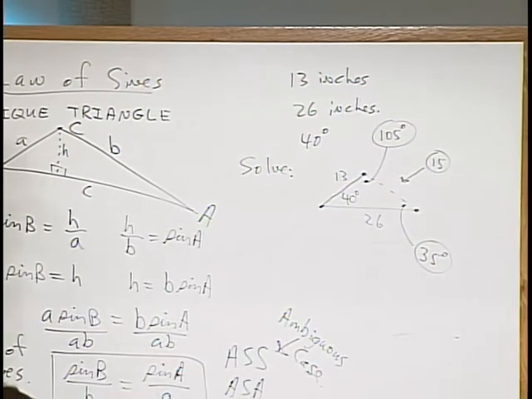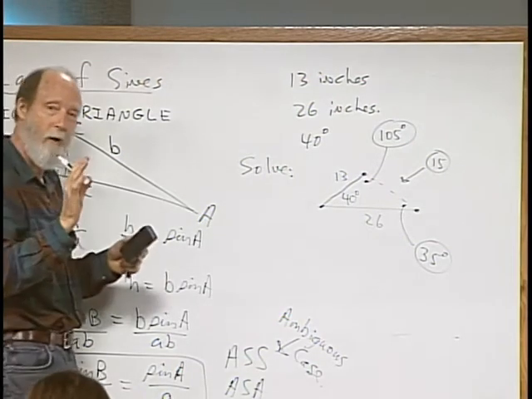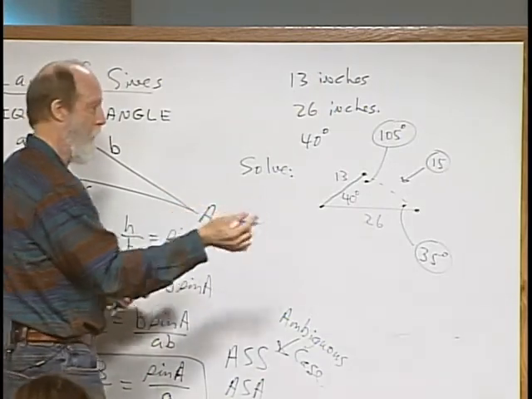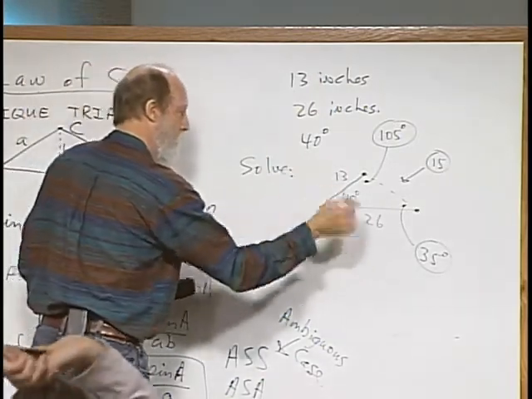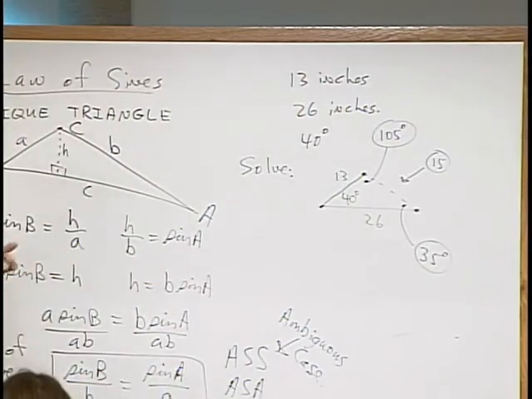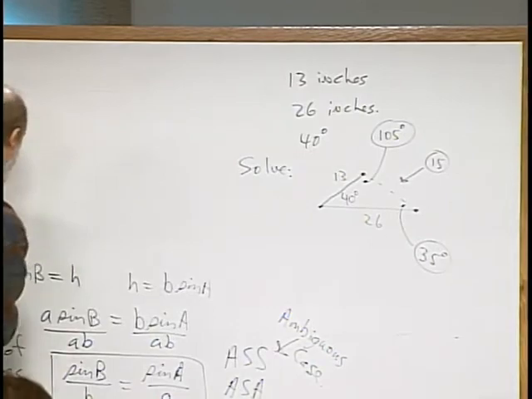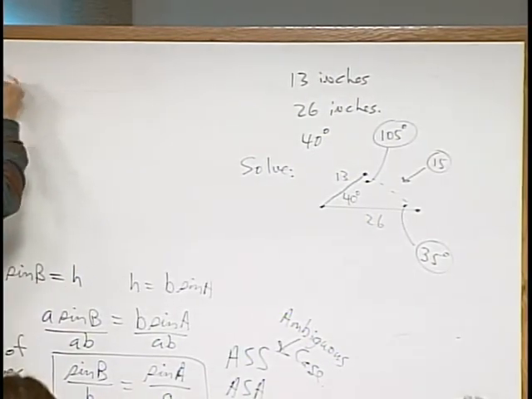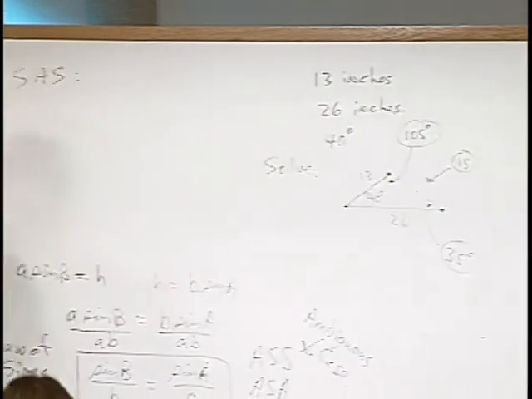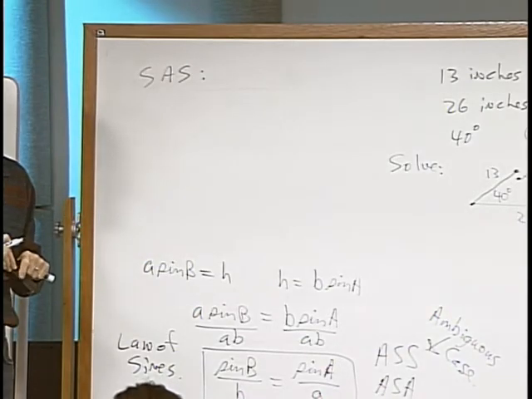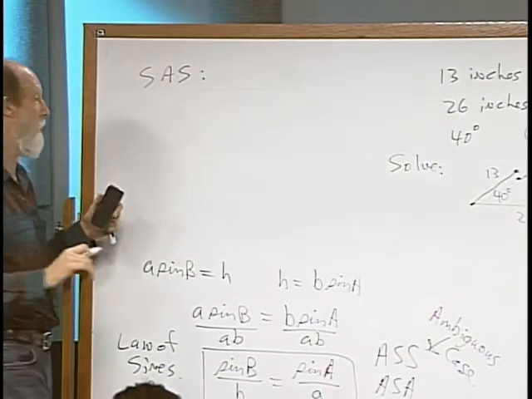All right? Look at the order of the given information. How would we say that to ourselves? Side, angle, side, right? Side, angle, side. That usually acts as a hint to help you a little bit on choosing which law to play with.